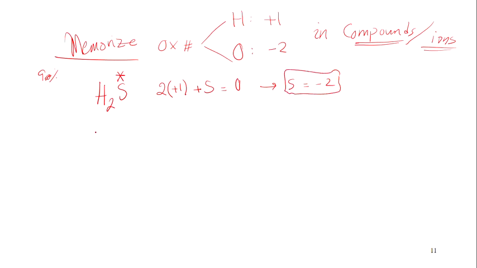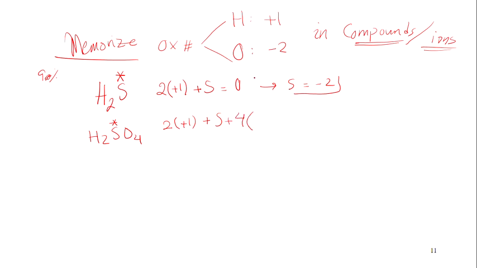How about this one? If we have H2SO4, what is the oxidation number of sulfur? You should say we have 2 hydrogen multiplied by 1 positive, plus sulfur, plus 4 oxygen.